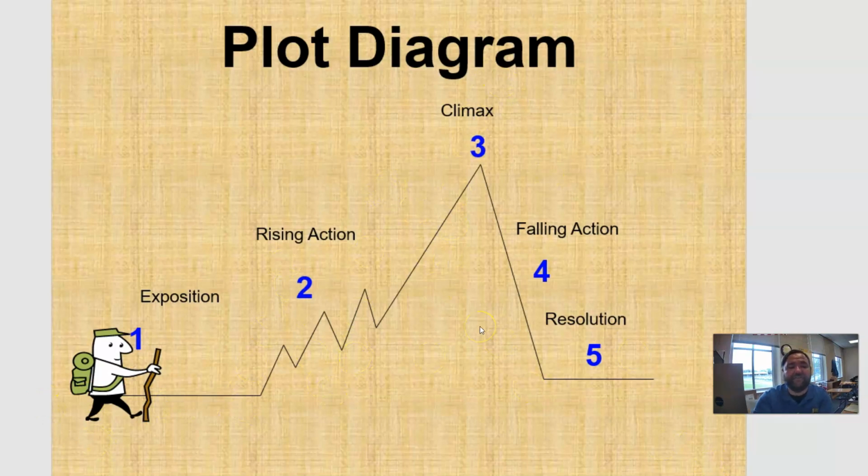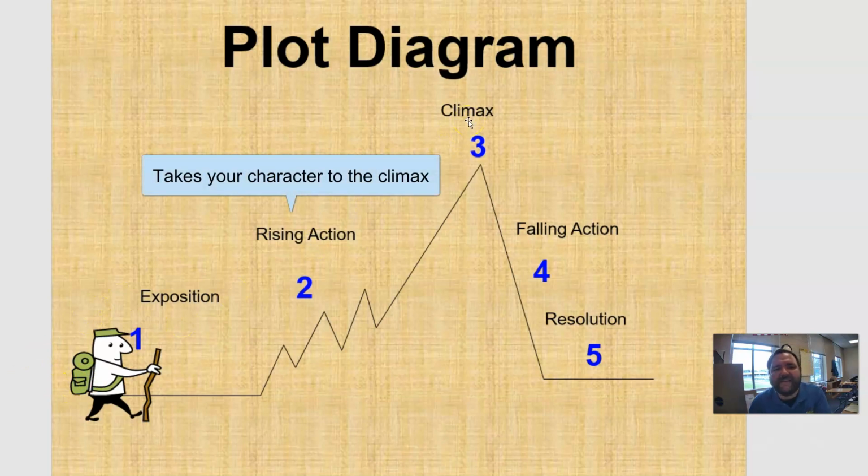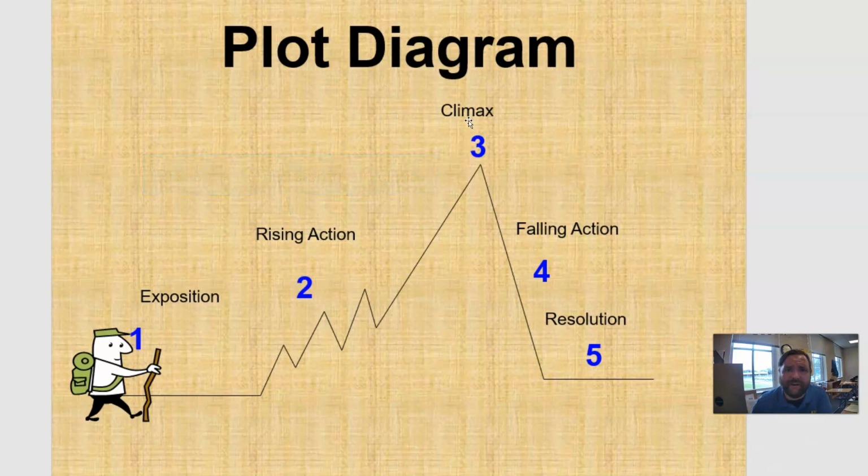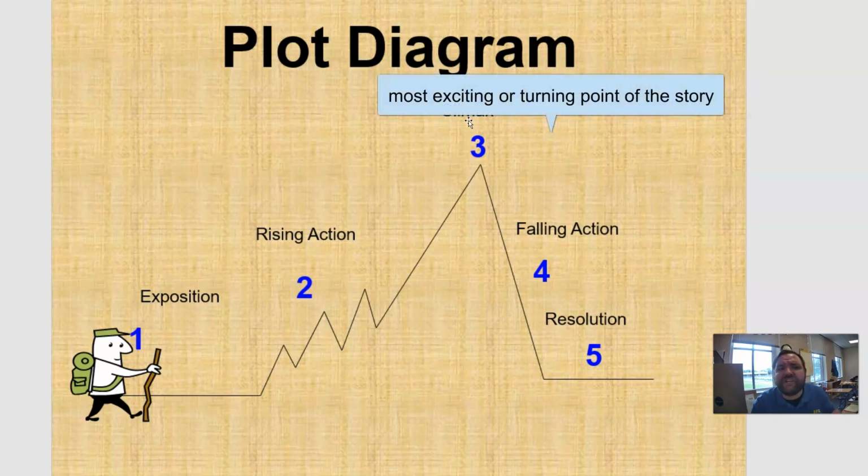When you first start reading a story, you get the exposition. That's a fancy way of saying the introduction. That's where you meet the characters and the setting. Sometimes you get the conflict, the major problem in the story. Then, you can't just go right to the climax. You have your rising action. These are what takes your character to the climax. The climax is going to be the very most exciting point of the story, or it could be the turning point when your character makes a new life change.